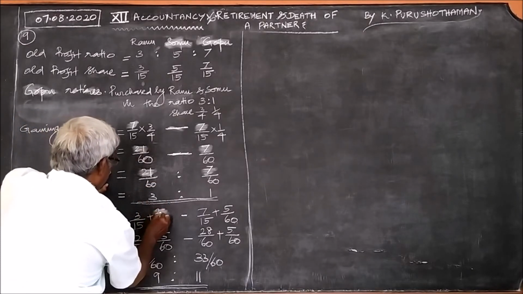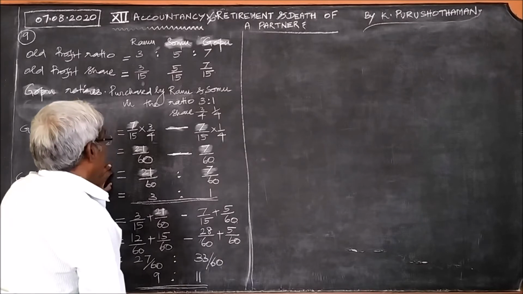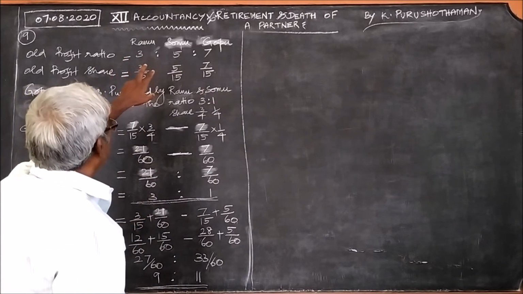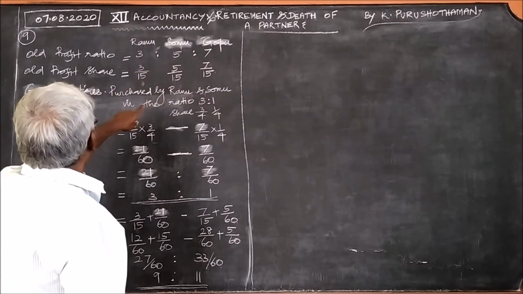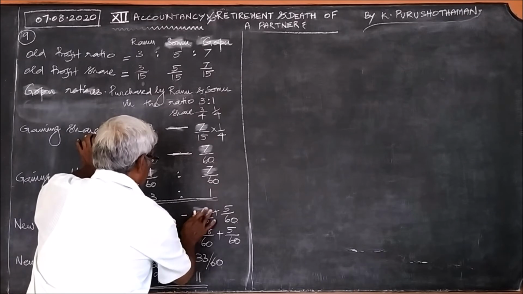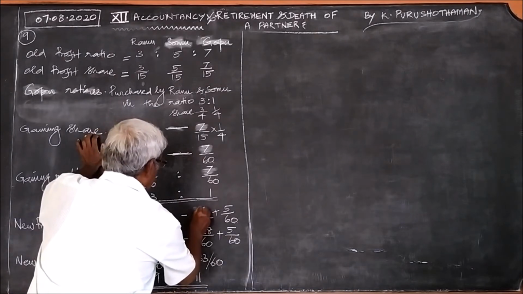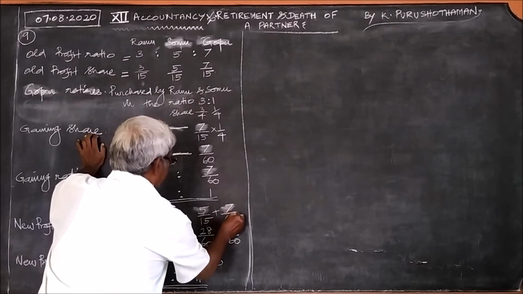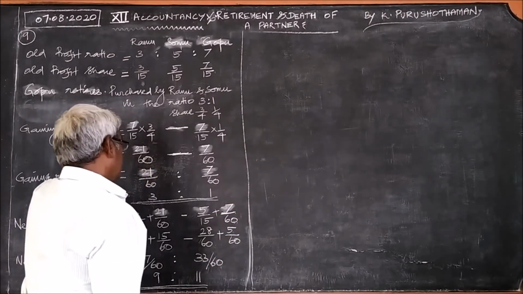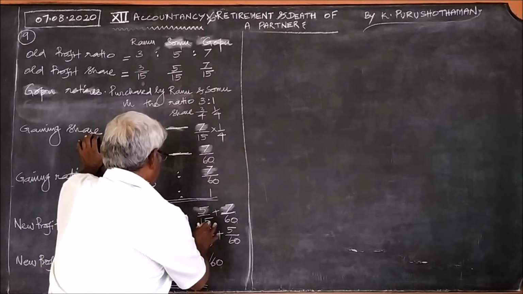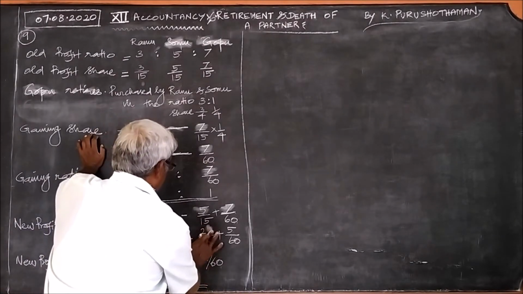Therefore, 3/15 plus 21/60, and 5/15 plus 7/60. 4 15s are 60, 4 5s are 20.